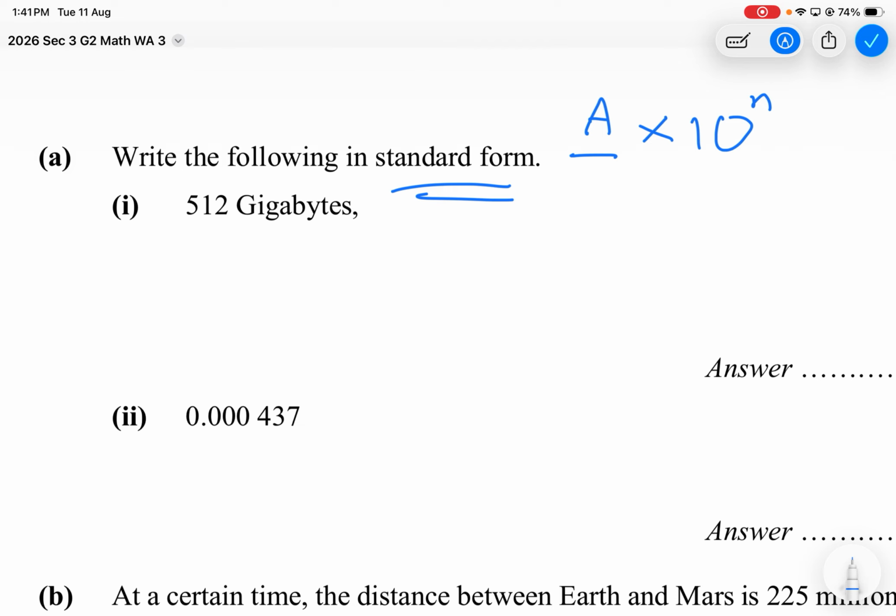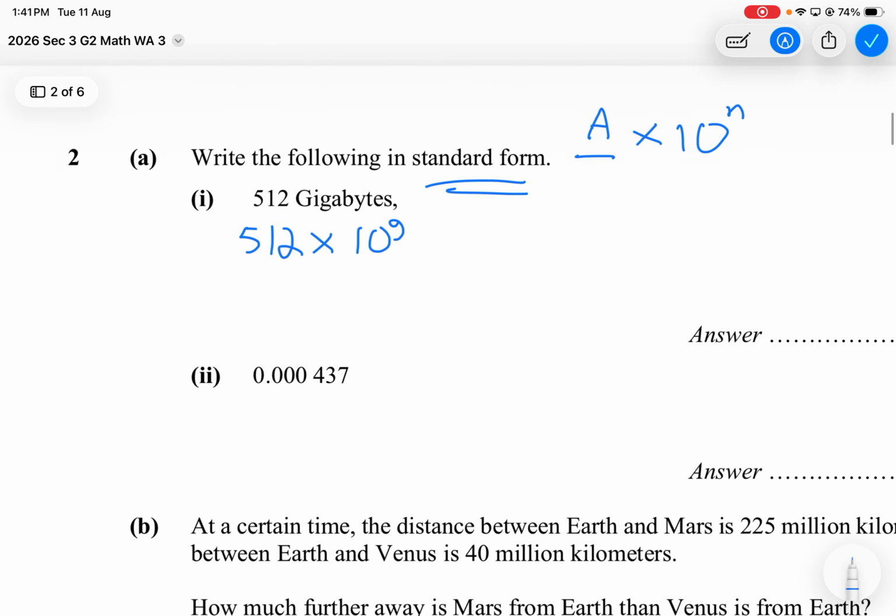So 512 gigabyte, I must be able to write down giga is 10 to the power of 9. But this is not standard form, because this one is 512. I want a number that is between 1 and 10.